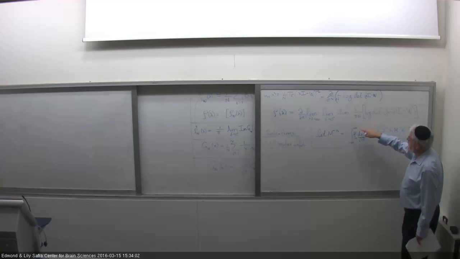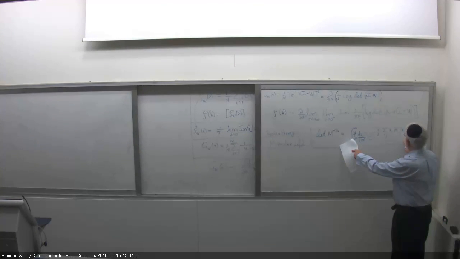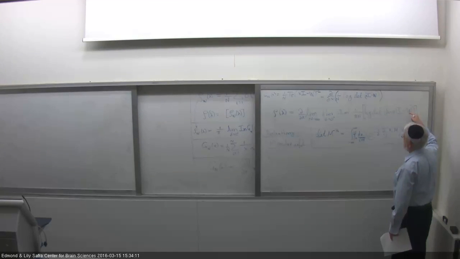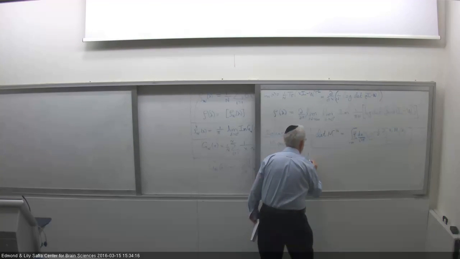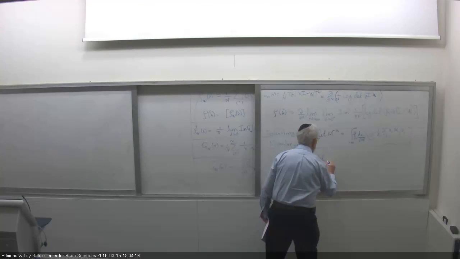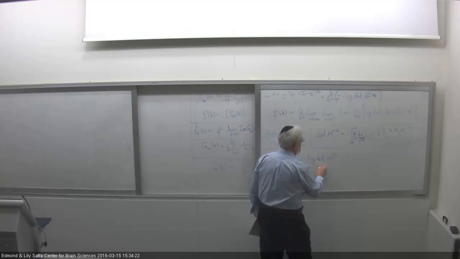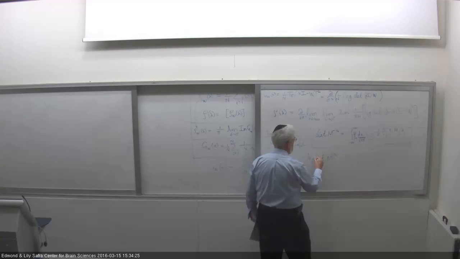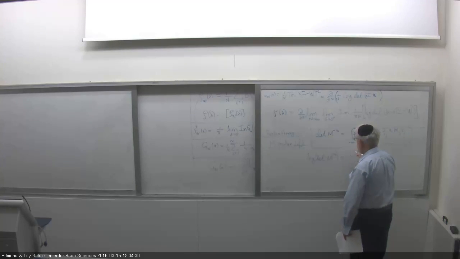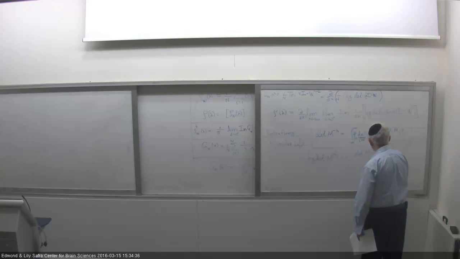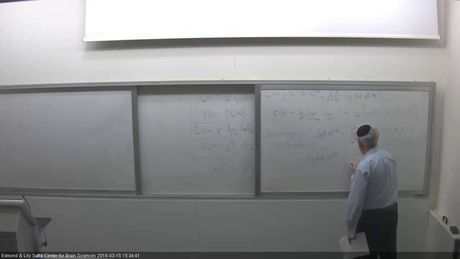But we have to average. I don't want to use this, because I want to average the log. So I'm going to use the determinant to a power. The log determinant of m to the minus 1/2 is minus 1/2 log determinant. Instead of the log, I want to use determinant of m to the minus 1/2, to the power of little n, minus 1, and take the limit n goes to 0.